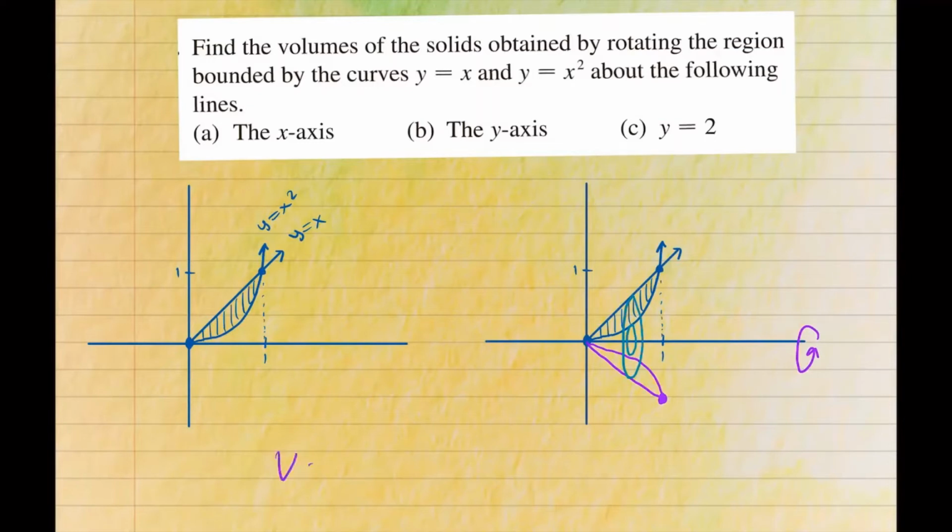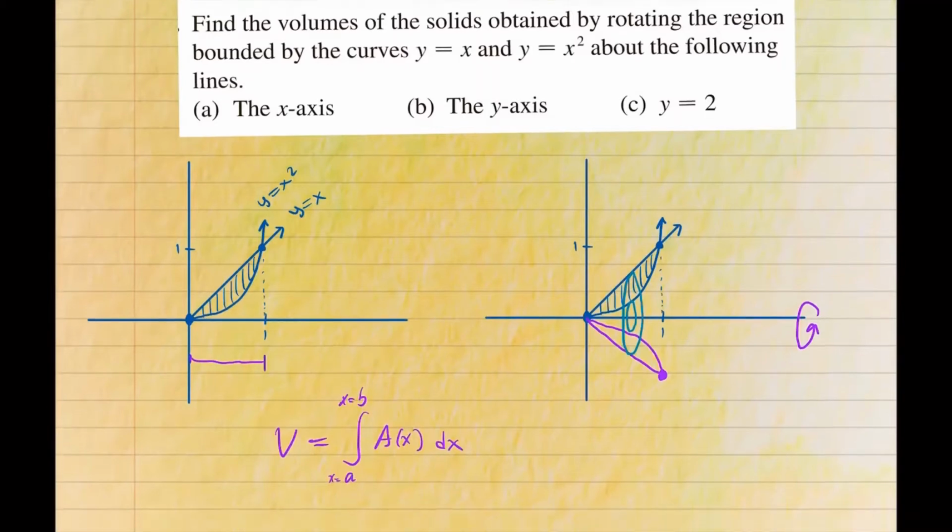Our volume is going to be the integral from a to b. Now these are along the x-axis. You're integrating from here to here. So a is 0, b is 1. And we're integrating the area function. Since these are disc circles, we can talk about the area of a circle.